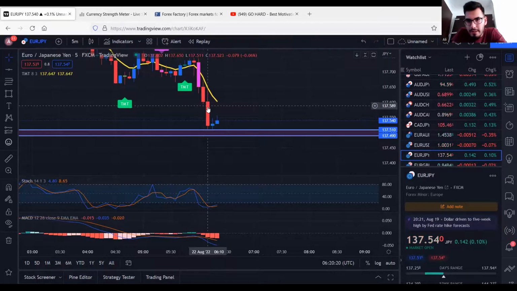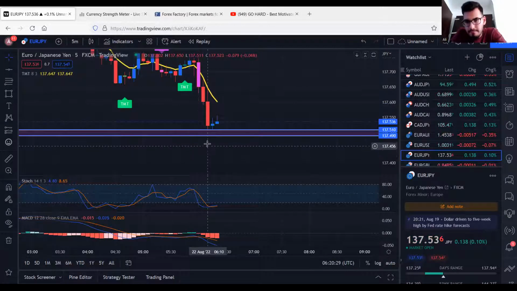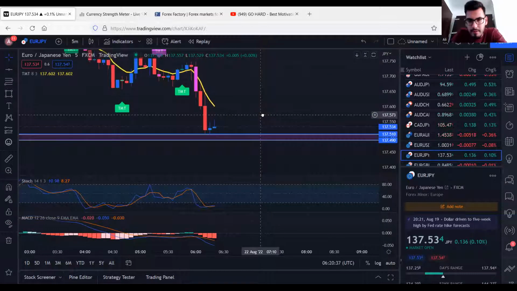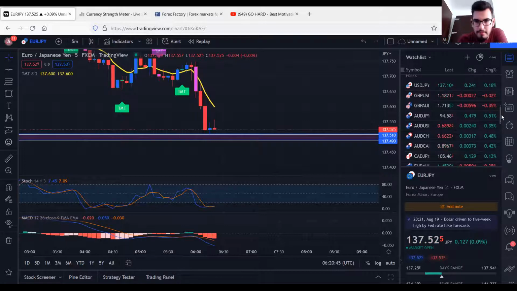But I did say I would like to enter it only if this candle closes red. It didn't close red, but guess what it did? It reached my area, roughly about here in the line. And if you did have an entry, you would be clearing it so far. This would have been a risky trade to take because it did not close red. But hopefully we can still go our way.